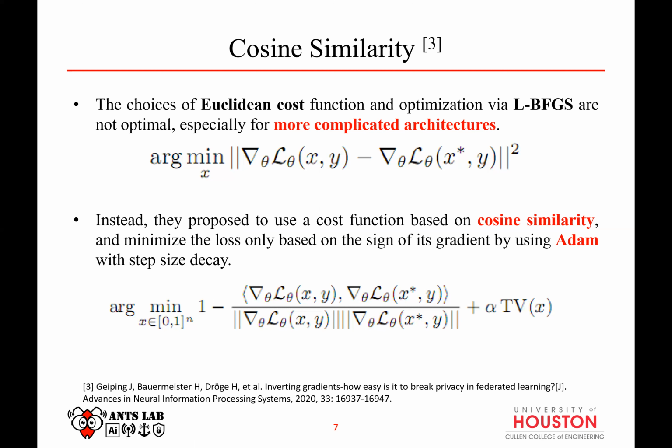They consider the gradient magnitude appears not to be an important factor and search only for images that match the normalized ground truth gradient in direction. So they propose to use a cost function based on the cosine similarity and minimize the loss only based on the sign of its gradient by using Adam with step size decay.